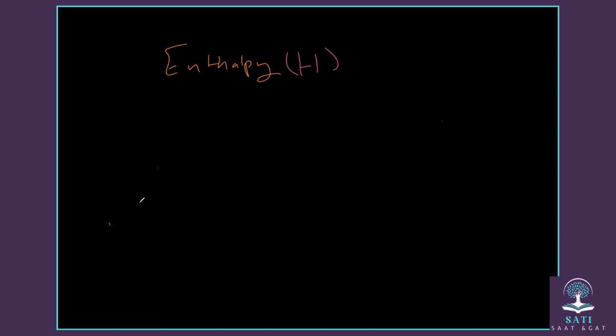Sometimes we have a change in enthalpy. How? If we have a reaction, that means you have a change in enthalpy. The change in enthalpy of a reaction, and here we write Rxn, equals the enthalpy of products minus the enthalpy of what? Of reactants. Good.